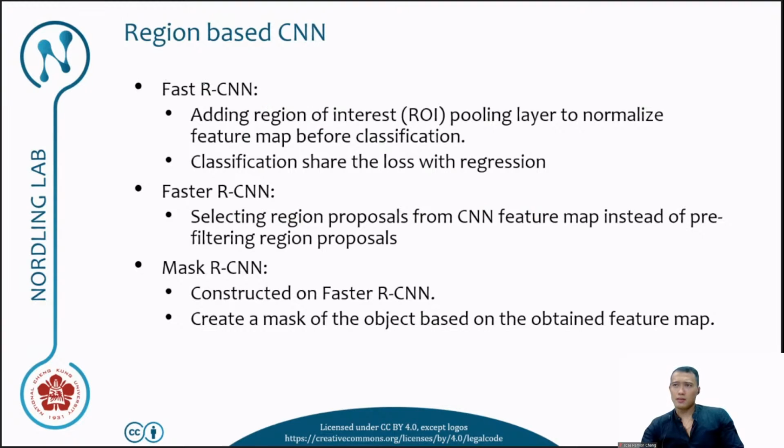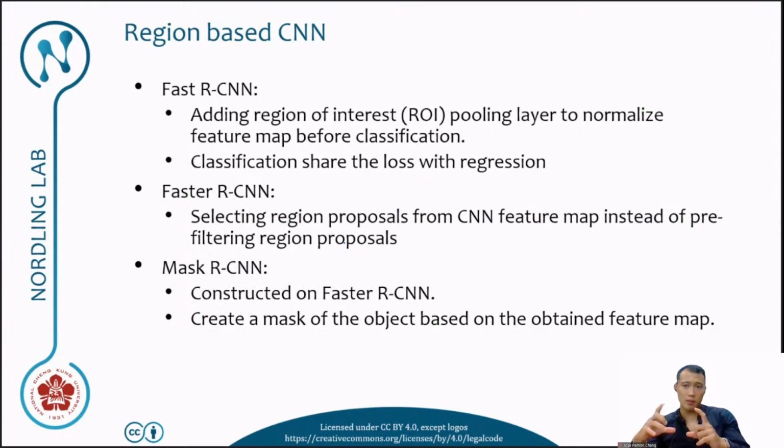So here we have just some improvements of the R-CNN, and we'll go through this very quickly because this is not the main point of our talk. In Fast R-CNN, basically the regions are not selected in the original image, but they are selected in a feature map after you have applied some convolution.